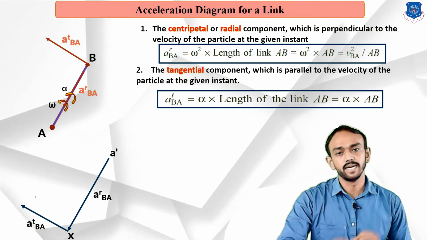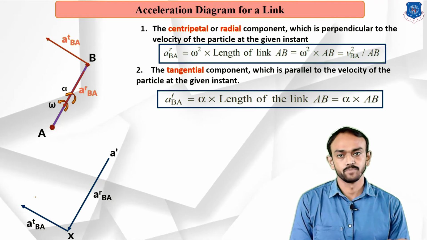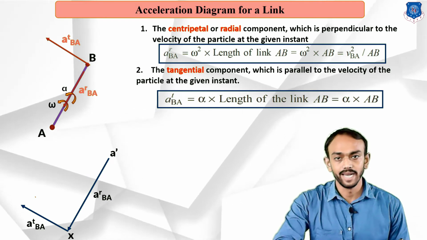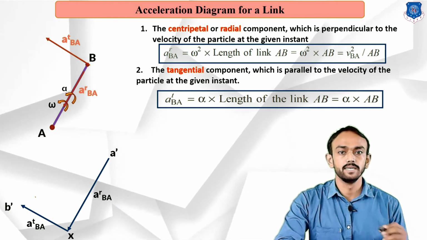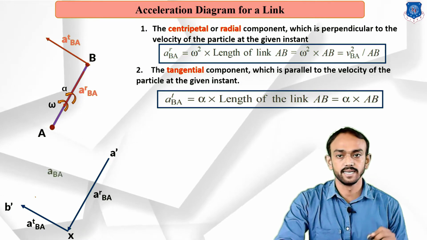So you can see on the screen the tangential component of B with respect to A. This will be drawn in the direction of velocity. Now this point will be denoted as B dash, and we have to connect this B dash and A dash.